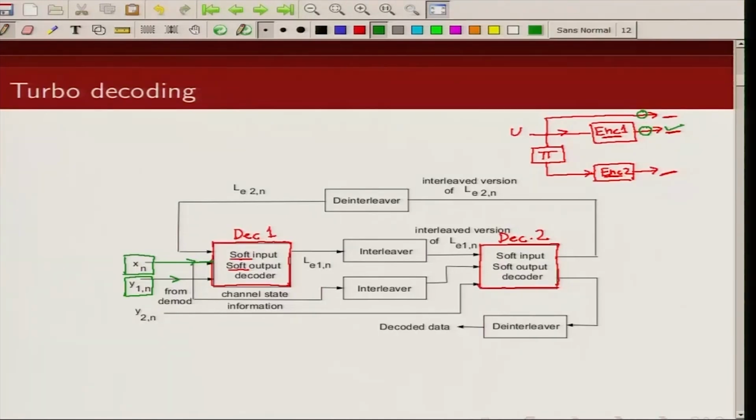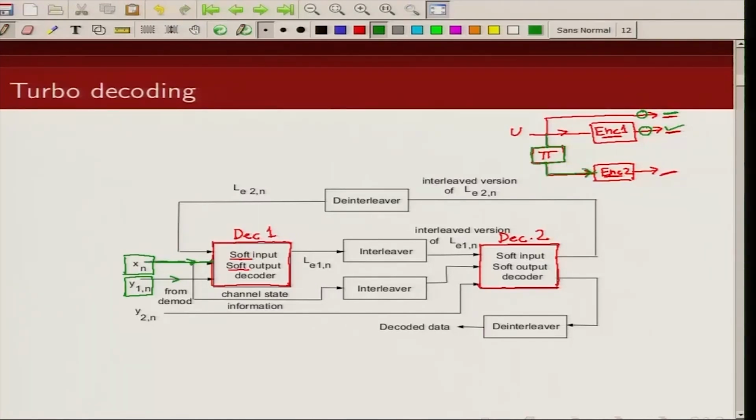Now, what are the inputs to decoder 2? Decoder 2 works on an interleaved version of the information that has been going to encoder 1. Here I am receiving the information bit directly. The received information bit that I will feed to decoder 2 needs interleaving, because this information bit is getting interleaved before being sent to encoder 2.